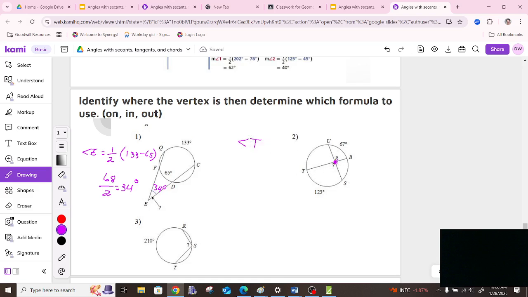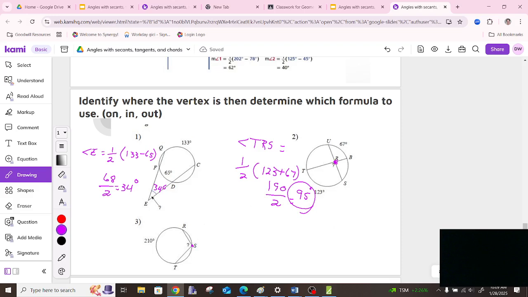So angle TRS is going to equal 1/2 of 123 plus 67. And then we're going to divide this by 2, which is equal to 95 degrees.